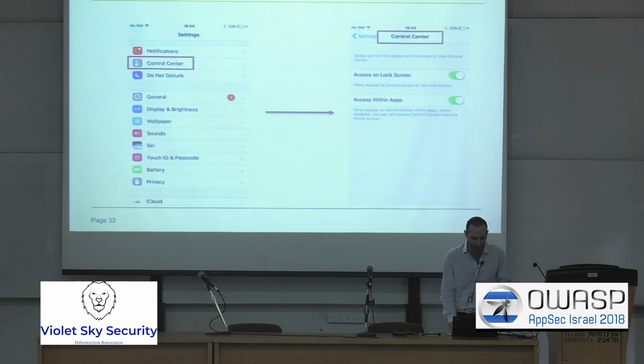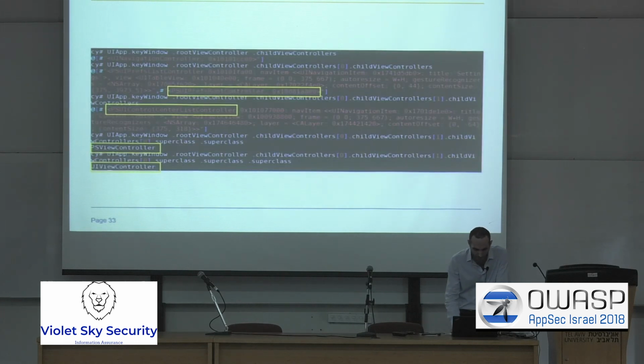What happens if, for instance, we click on Control Center? If we click on Control Center, we see that another screen appears. And let's try to examine the changes that occurred within the view controller's tree. So now we see that the navigation view controller we have seen earlier has another child, which is called PSUIPrefsRootController, which has another child, which is a content view controller.